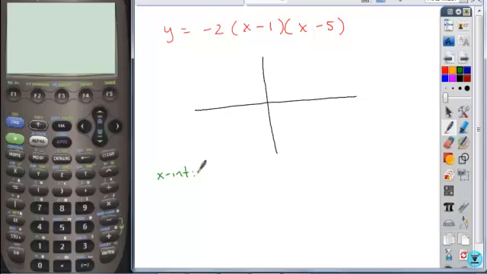All right, so in this form, the easiest things to find are going to be your x-intercepts. And remember, those are always going to be where y is 0. So your x-intercepts are just what value of x would give you a 0 in this factor, 1, and what value of x would give you a 0 in this factor, 5. Those are your x-intercepts, and it does make it relatively easy to sketch that part of the graph.